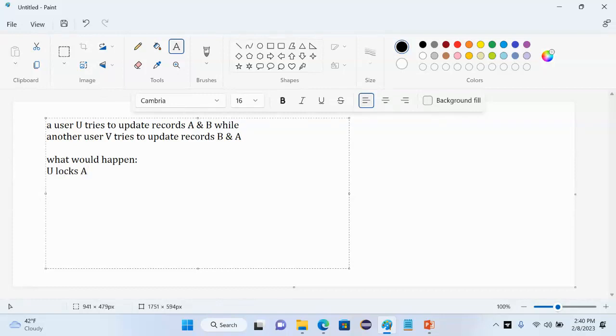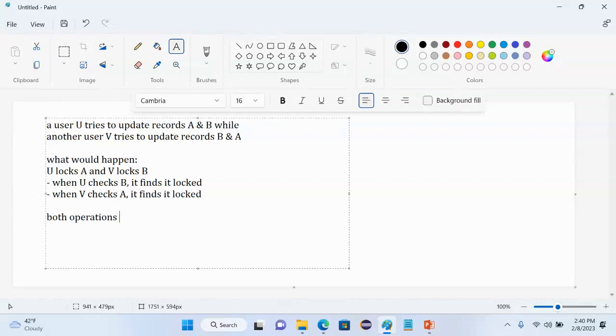U locks A and V locks B. Then when U checks B, it finds it locked, and when V checks A, it finds it locked. Both operations are halted with no way forward until they time out.